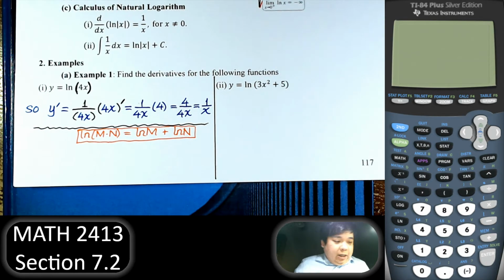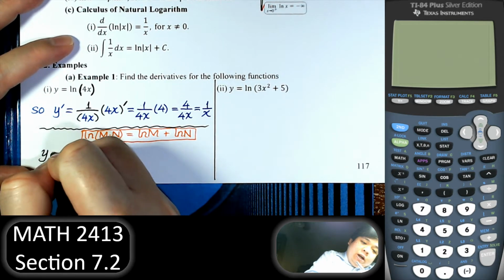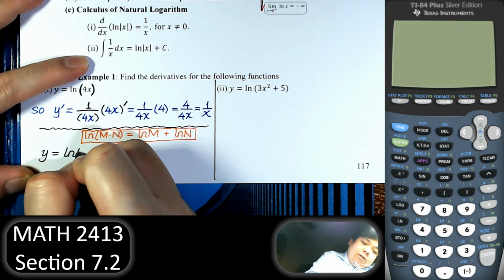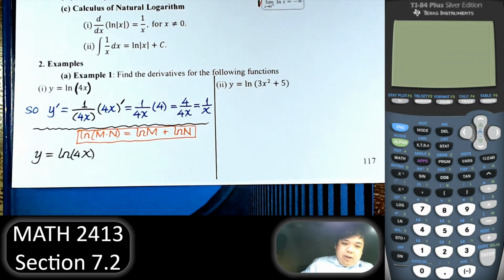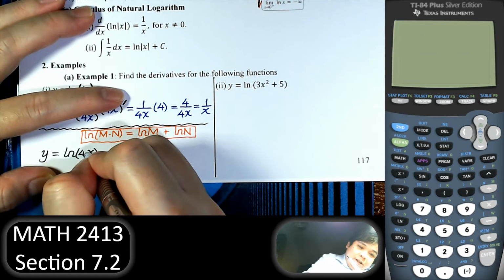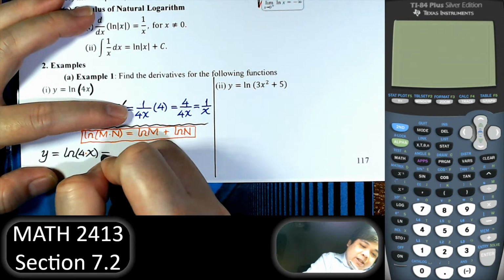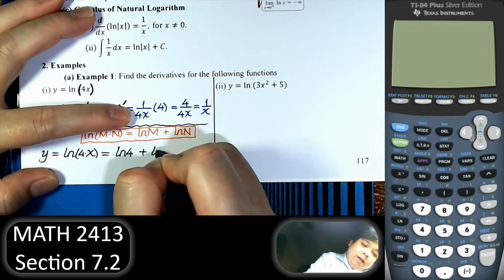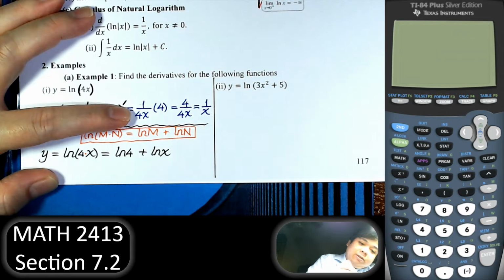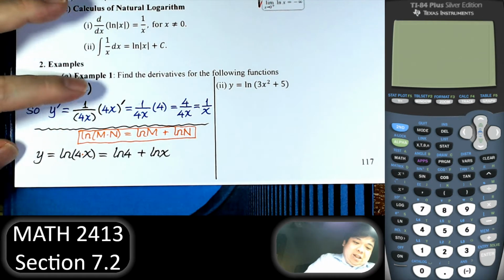So we write the function y equal to ln of 4x. It is a product, isn't it? So we can split it into ln of 4 plus ln of x. And then we check the derivative. It should be easy.